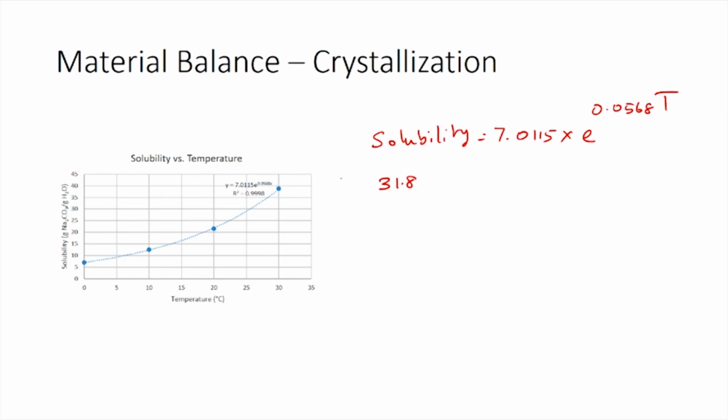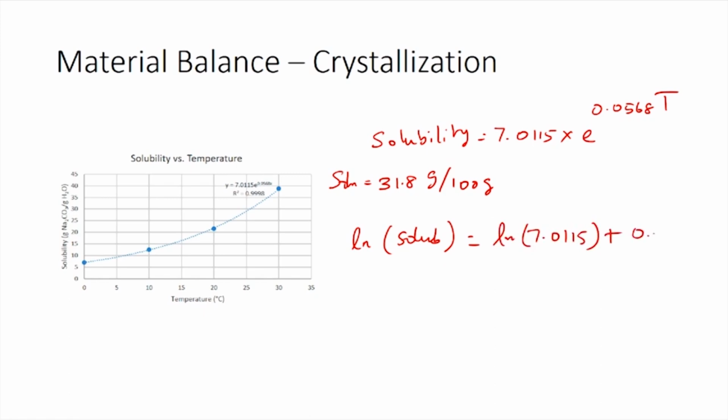So, that needs to be used. So, taking a logarithm on both sides, we can actually get ln of solubility equals ln of 7.0115 plus 0.0568 T. Substituting the value for solubility here, we can calculate the temperature to be 26.6 degrees Celsius.